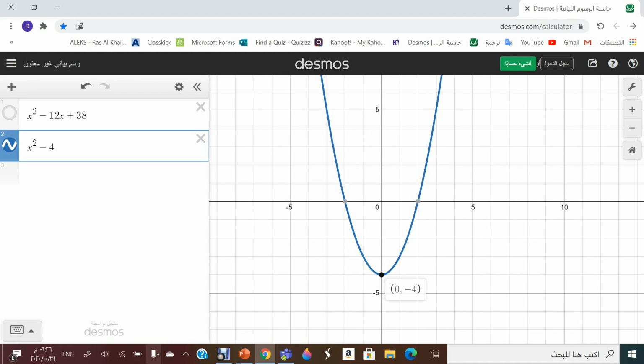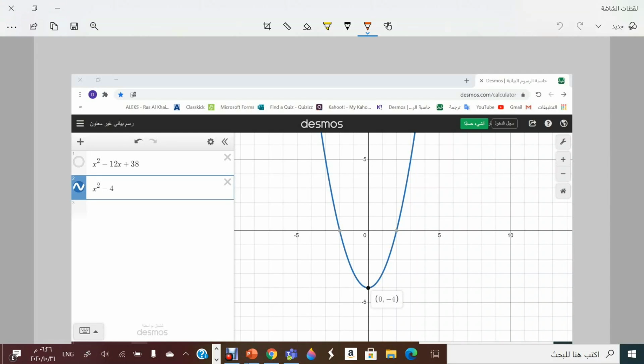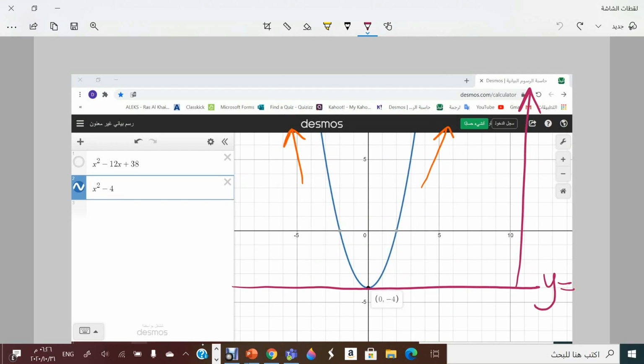So if you would like to notice what happened to the values of x, it went to the right and to the left, that means all reals. And let's see the range. You have to study where the graph started and where the graph ended. That means it started from y equal minus 4 and it went up.